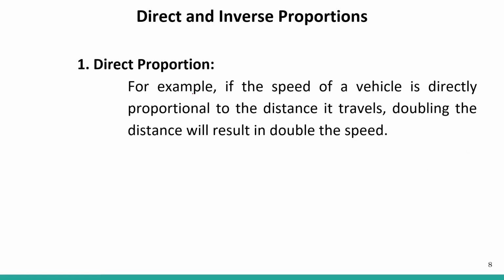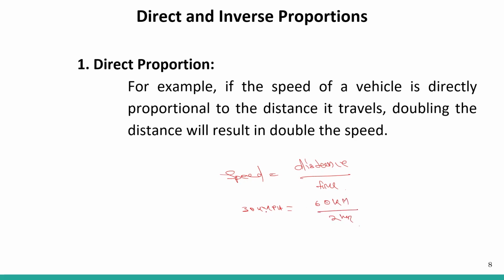So direct proportion. For example, if the speed of a vehicle is directly proportional to the distance it travels, then doubling the distance will result in doubling the speed. We know the speed distance formula, that is speed is equal to distance upon time, right? So if a vehicle goes at a speed of 30 km/h, let the distance be 60 and the time be 2 hours.